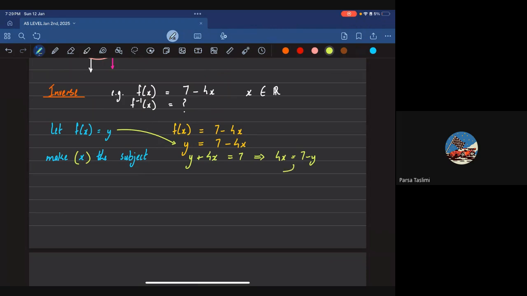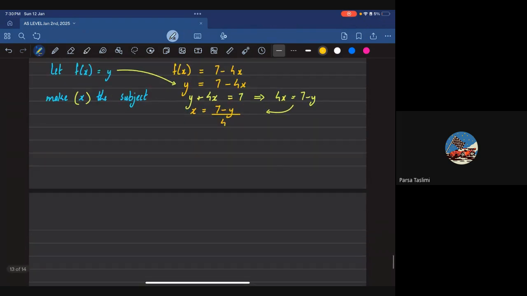And lastly, x is equal to 7 minus y over 4. Then the easy stuff begins.